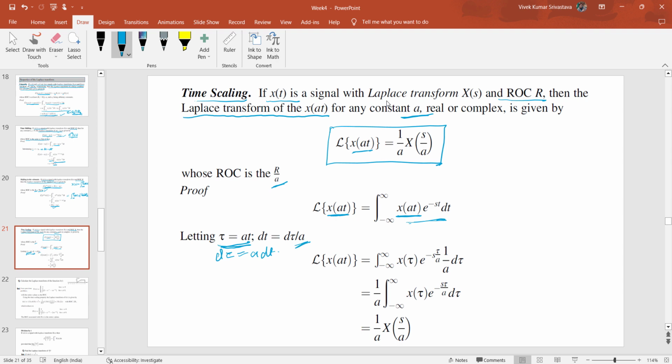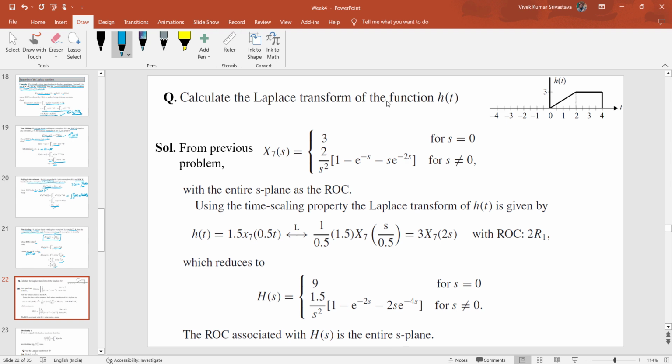From here we can replace the parameter and also change the limit of integration. Once you calculate this integral you will get the Laplace transform of the time scaled function equal to 1 over a into X of s over a. All the applications of these properties we will see later in the slides.